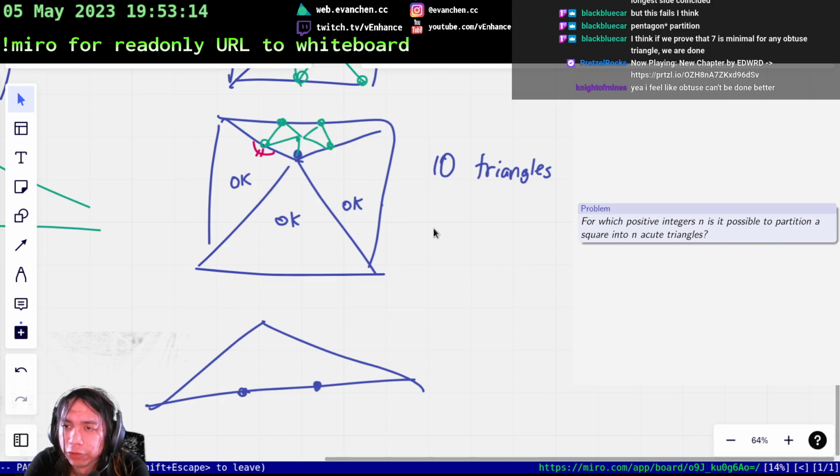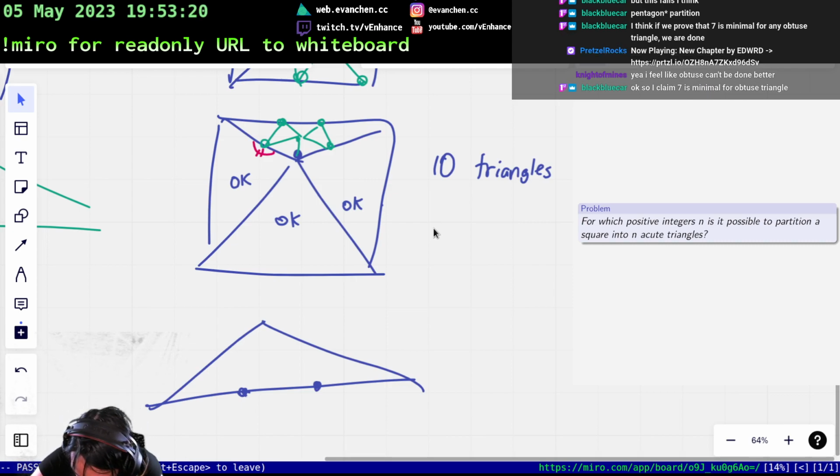Like, you have an obtuse triangle, alright? And then there should be some segment coming out of the obtuse angle. If it goes all the way to the other side, you're not making progress because now this triangle's obtuse. So this point should terminate somewhere inside the triangle.